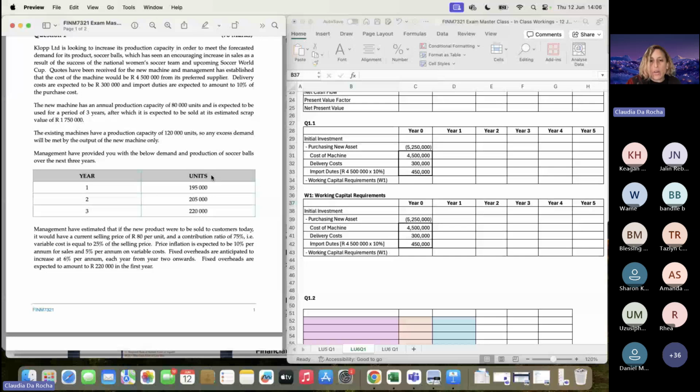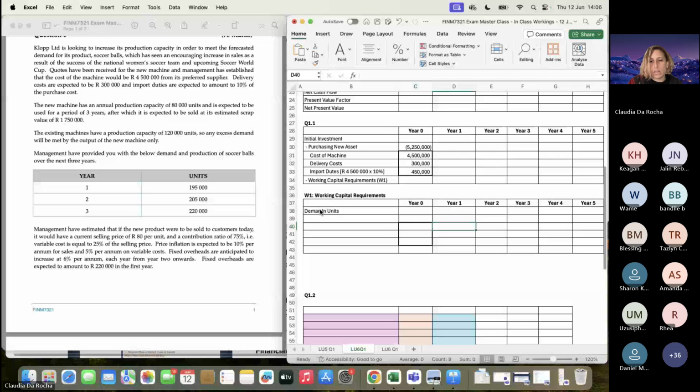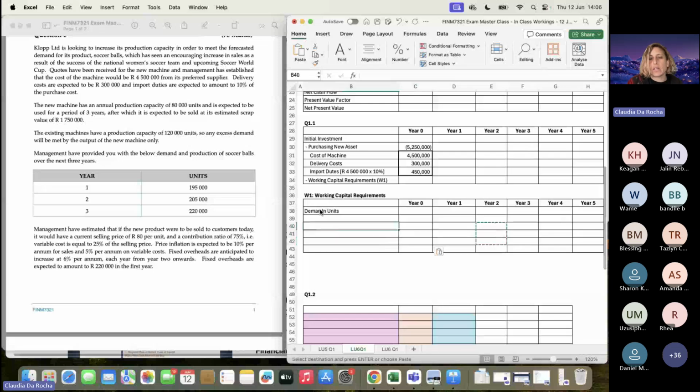We start and say, what is our demand? Our demand in units.